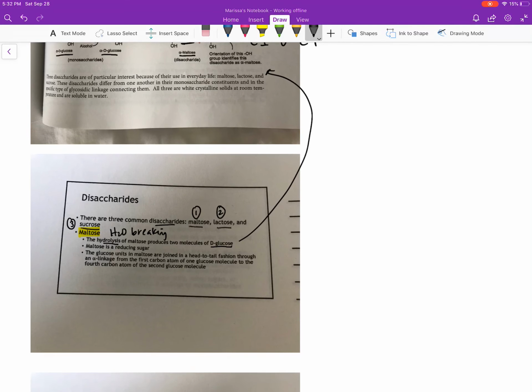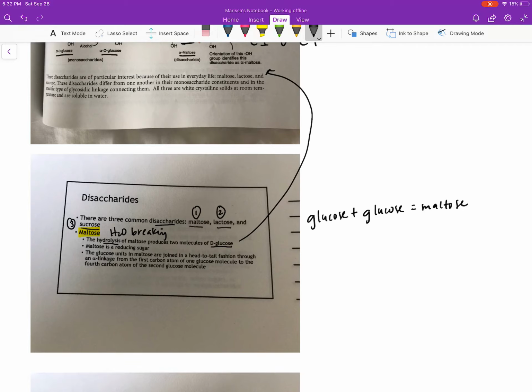So what that means is that glucose plus glucose equals maltose, okay? And then the reverse must be true. If I take maltose and break it in half, I have a glucose and a glucose.